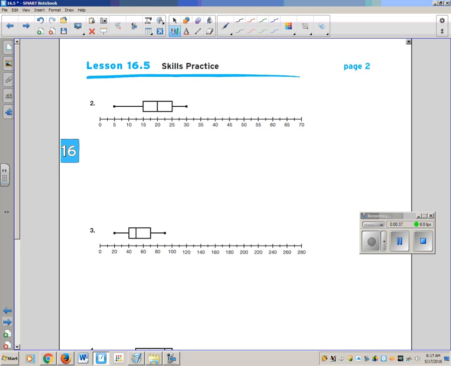So we are going to do problem 2, and what you need to do is find quadrant 1, the median, quadrant 3, the minimum, and max. This is called a box and whisker.